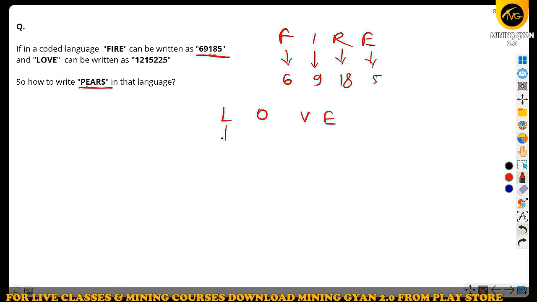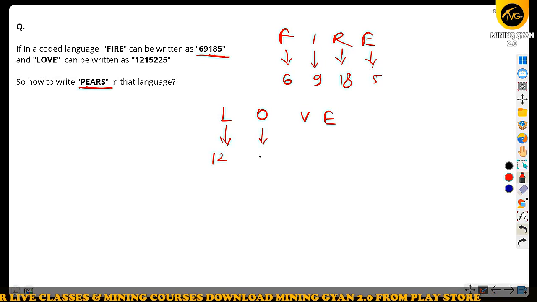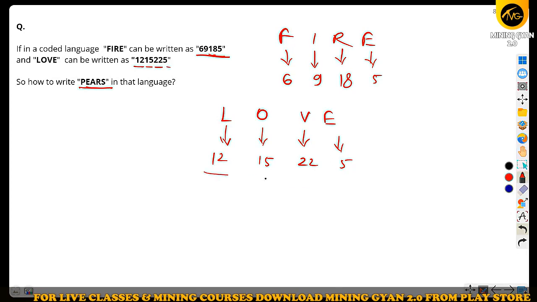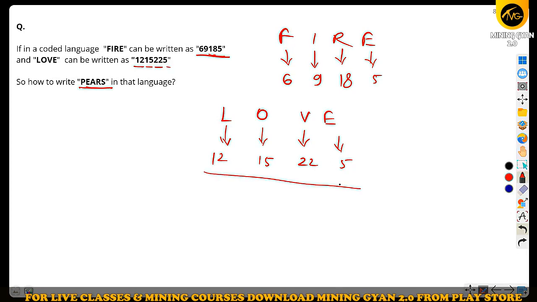The base number for L is 12, O is 15, V is 22, and E will be 5. So you can see 12, 15, 22, 5. These are the decoded values for LOVE.